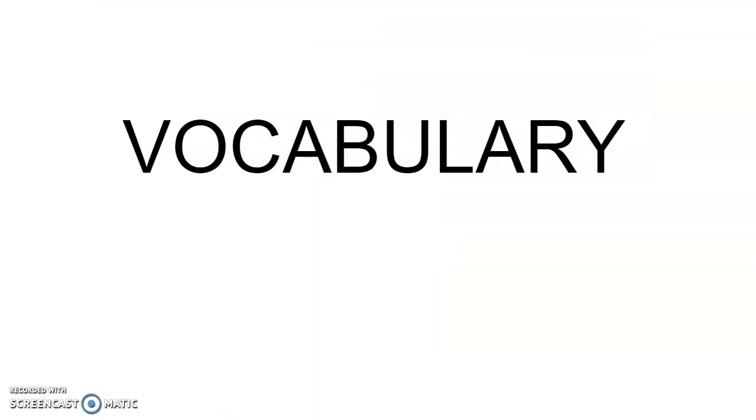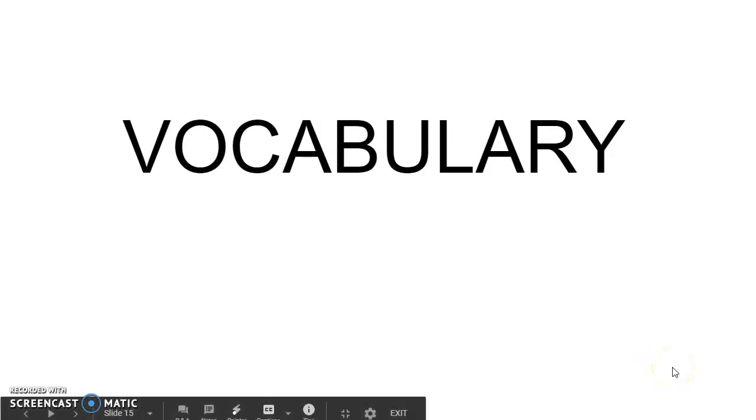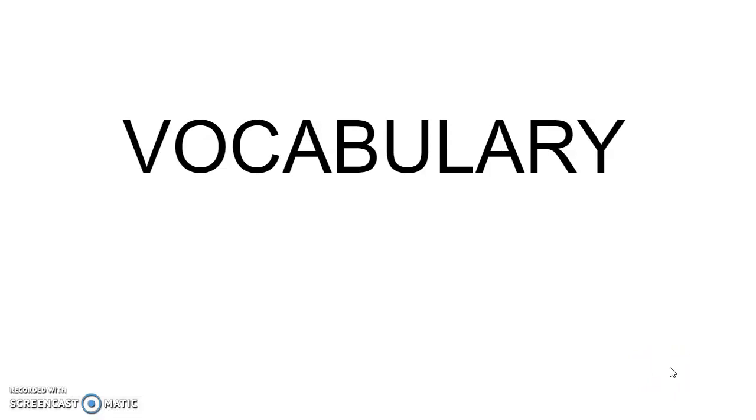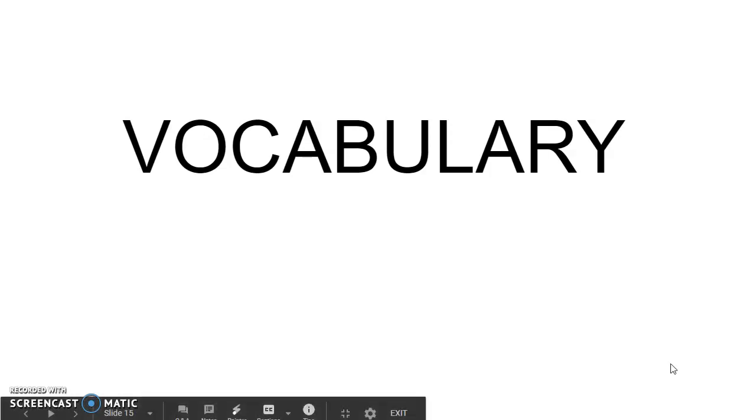Vocabulary. Friends, this is one of the most important parts. So for this, you're going to need a vocabulary journal. So hopefully you have one. Your vocabulary journal is where you're going to keep all of your vocabulary for all of the stories and all the lessons that we do. One place, all of your vocabulary, so you can refer back to it when you need to.